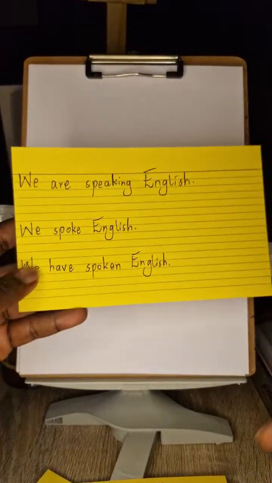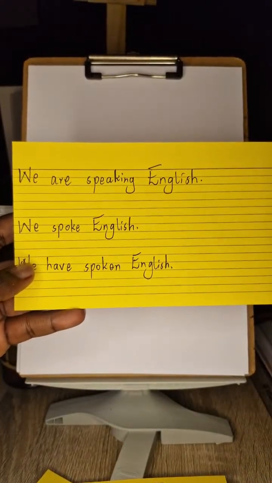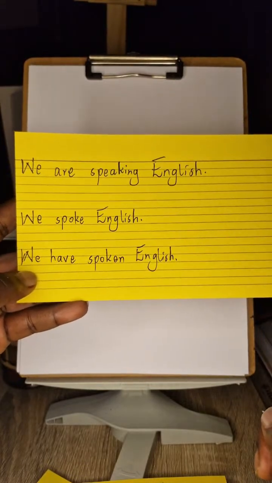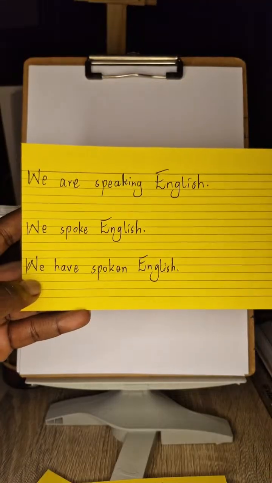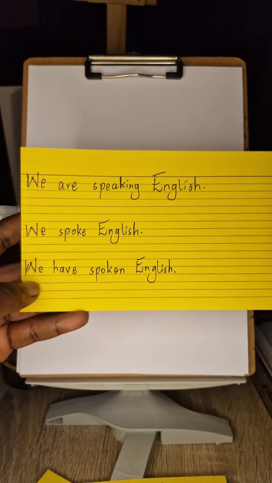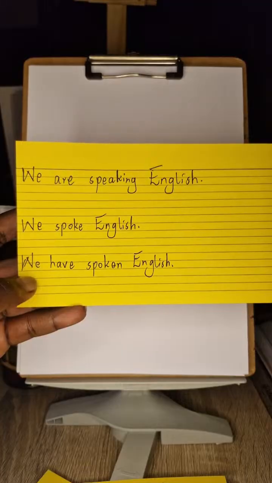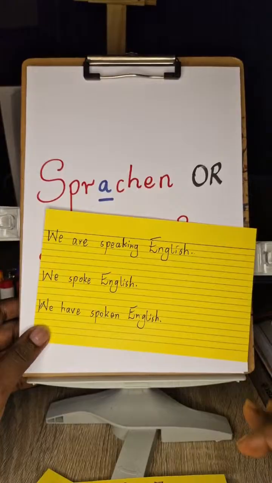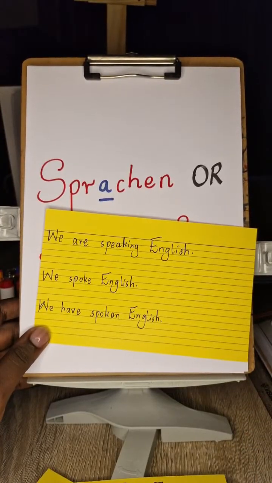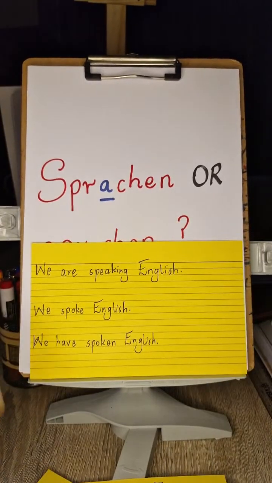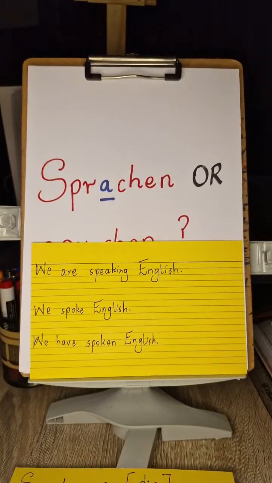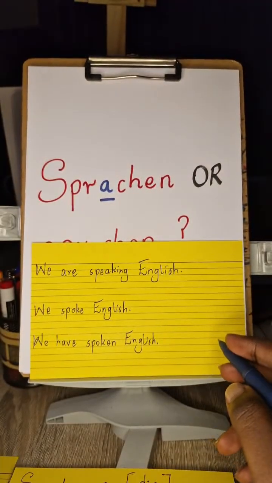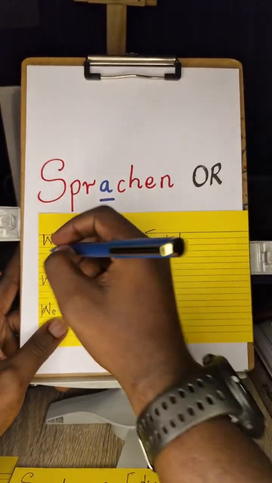So look at this. The first one, we are speaking English, right? And then we spoke English. Then the last one, we have spoken English. So how would you proceed to attempt this? The first one is present tense, right? If you check on our list of conjugation, you saw how we conjugated it in present. Feel free to also attempt in the comments.